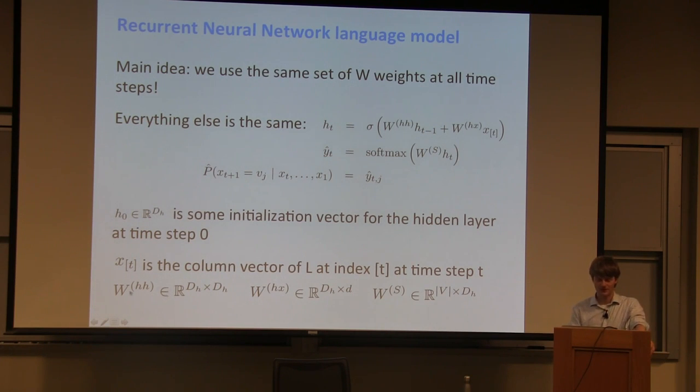So W superscript HH will be a DH by DH matrix. WHX will be a DH by D matrix, where we define D to be the dimensionality of our word vectors. And then WS, in the case of language models, will have the size of our vocabulary many rows. So this is a very large matrix if we have a lot of words.